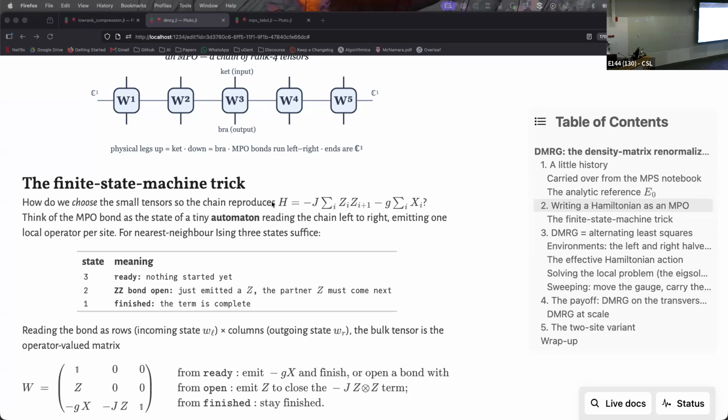And so if I start all the way on the left, I am in one state which basically says, okay, nothing has happened yet. If I then go one site to the right, there are two things that can happen. Either I apply one of the z terms, meaning I apply a z and go to the next site.